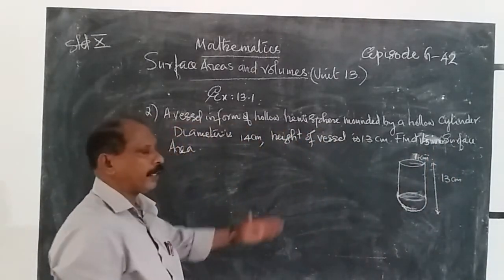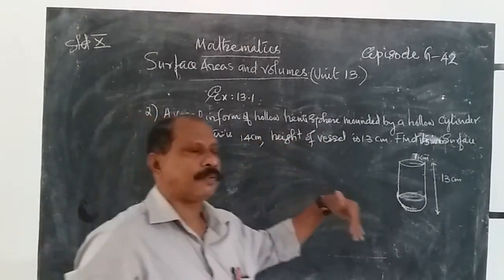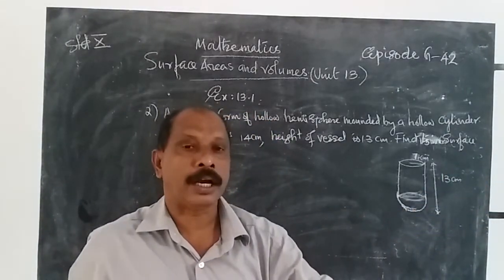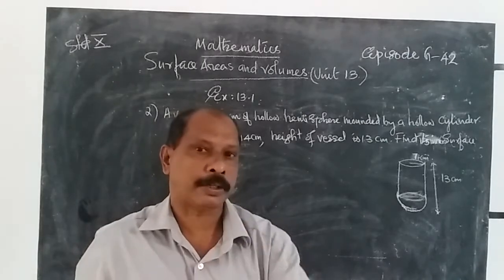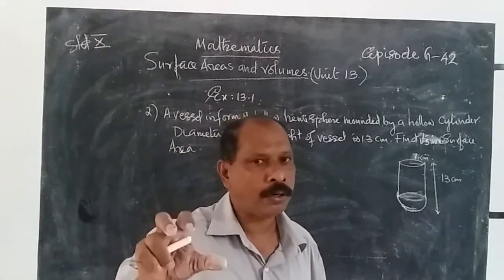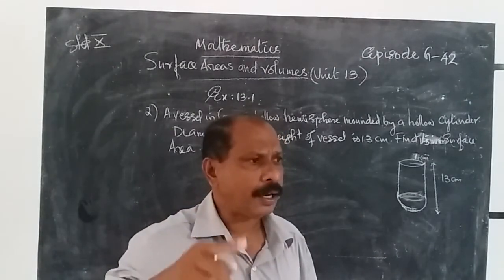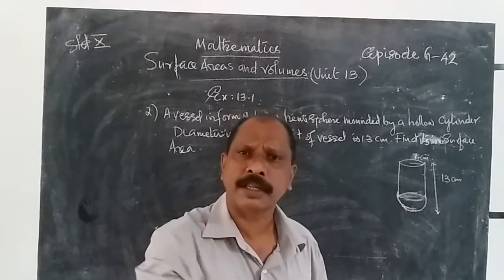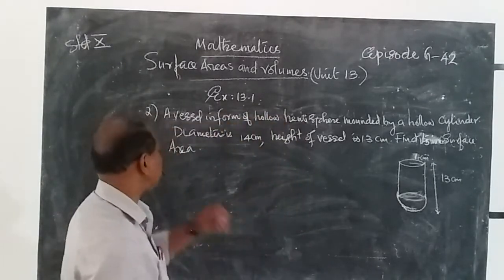Clear? Therefore we can find the curved surface area of the cylinder plus the curved surface area of the hemisphere, not the total surface area of the hemisphere. That is hollow, that means it is like a tube for a chemistry lab. Listen.